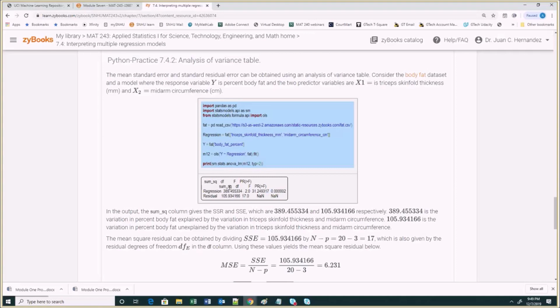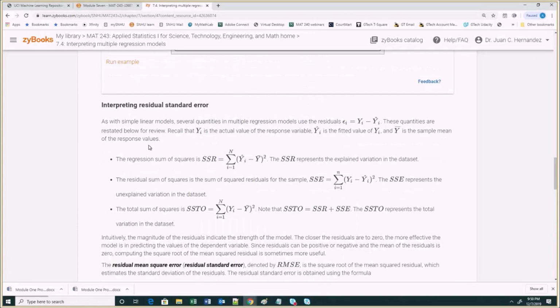However, the sum of squares column for the regression and the sum of squared residuals are something new. So what are these? Sum of squared regression, or SSR, represents the explained variation in the data set.